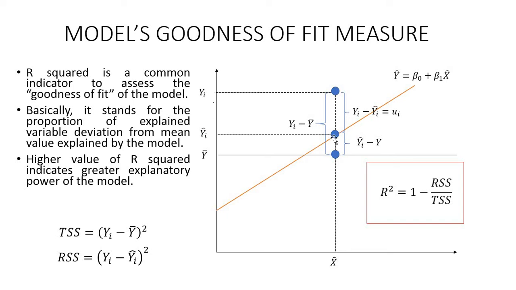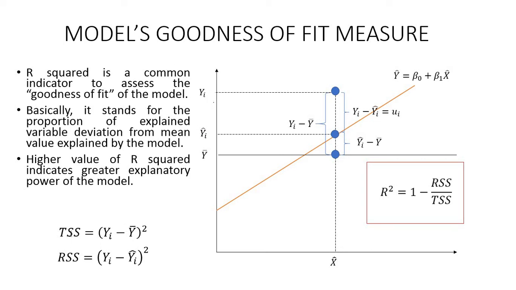And this is the distance between the predicted value and the empirical value. So this is the proportion of variation which is not explained by the model. And together, they constitute total variation, the total distance between the average value of y and the empirical value of y.